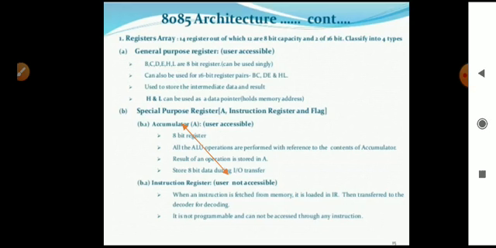When an instruction is fetched from the memory, it is first loaded into the instruction register and then transferred to the decoder unit for decoding. This register is not programmable and cannot be accessed through any kind of instruction. This is about the IR.